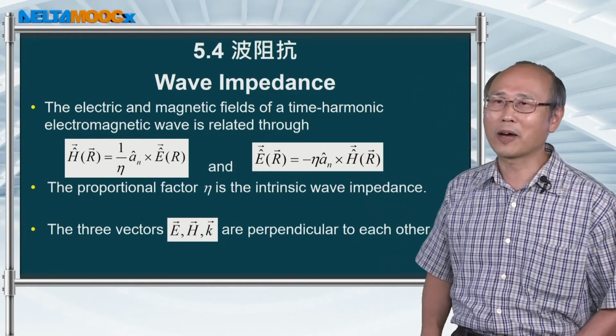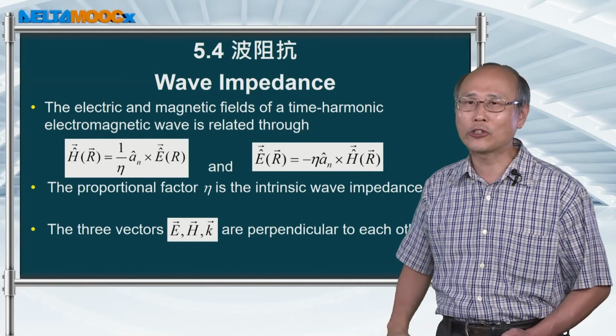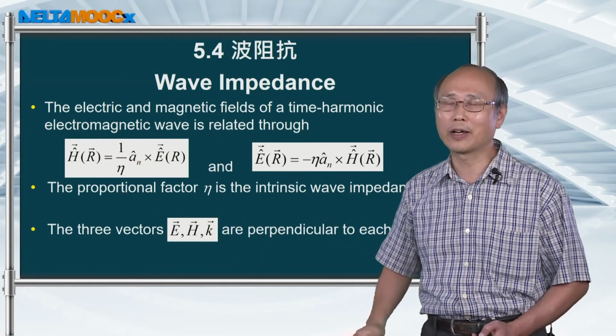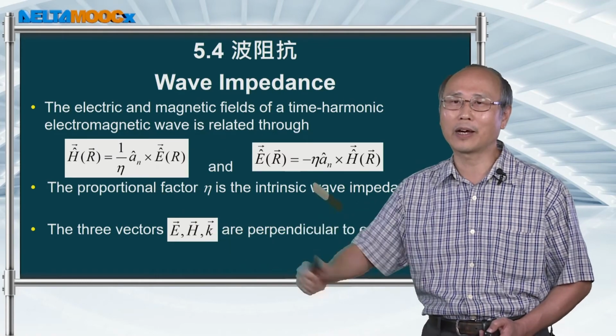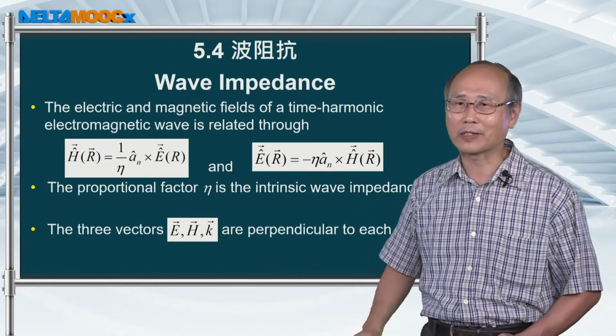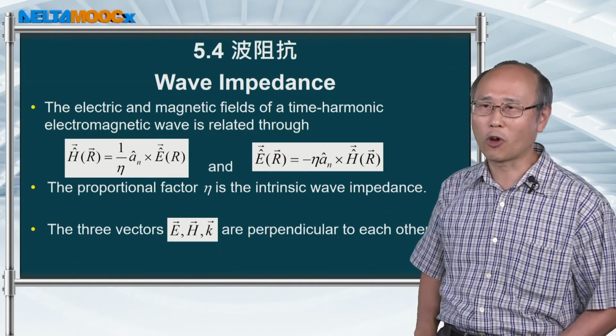I just talked about the wave impedance. The ratio of the electric field to the magnetic field is equal to eta, the intrinsic wave impedance. In free space, this eta is equal to 377 ohms.